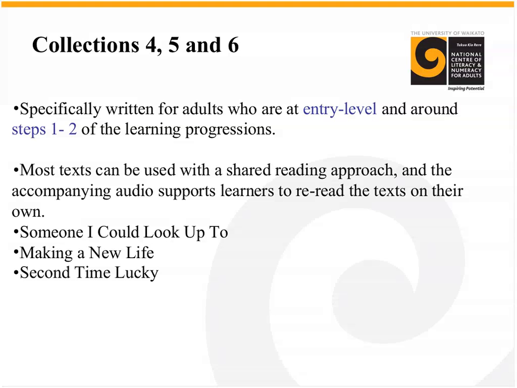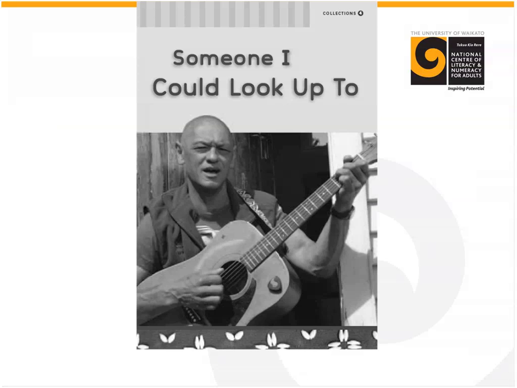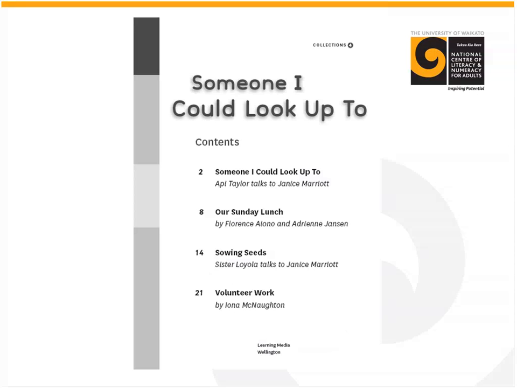So here's the cover of the book with the title, Someone I Could Look Up To. And this is the book it comes from or related to. Here's the contents page, and we're going to be looking at the story on page 21, Volunteer Work by Iona McNaughton.